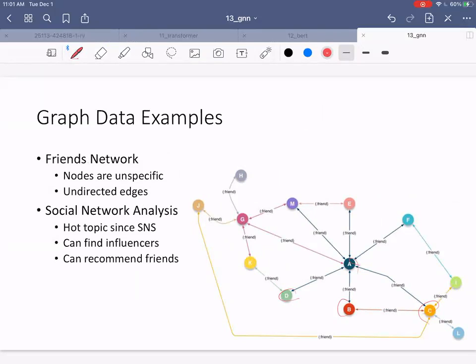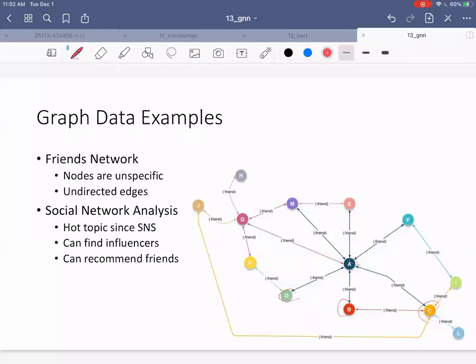Each node has no specific features. It's just a unique person, a distinct person. And the graph is undirected, because a friends relationship does not have direction. If I'm friends with you, then you are friends with me. So there's no direction here.